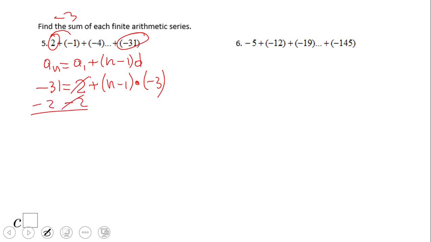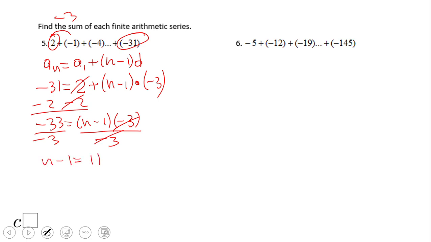That will be -33 equals n-1 times -3. If you divide by -3, which is the next step, we get n-1 equals 11. So n will be 12. We have 12 terms in this arithmetic series.